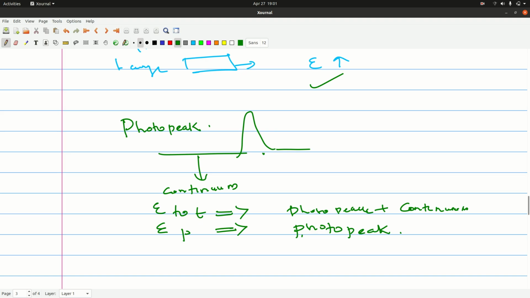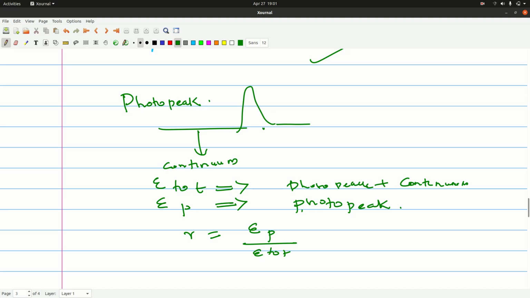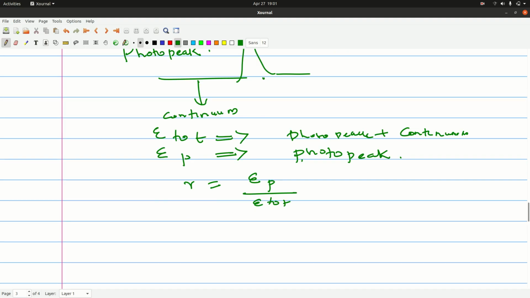Okay, so the peak to total ratio, represented by R, is equal to epsilon peak divided by epsilon total. So that is the photopeak efficiency divided by total efficiency. You just have to go through it, it is not that important. It measures how clean the photopeak is compared to the total recorded counts.